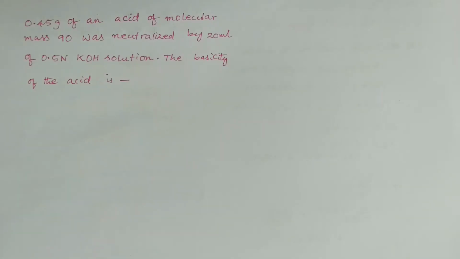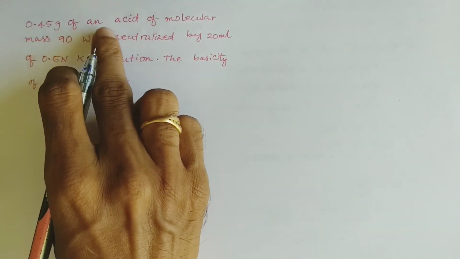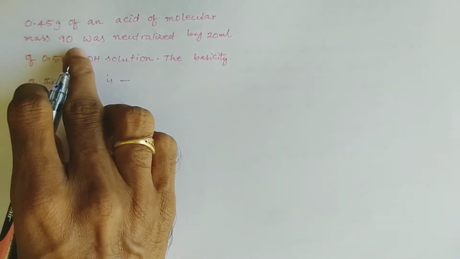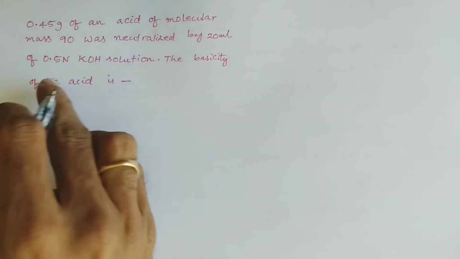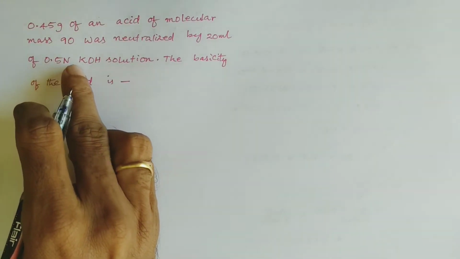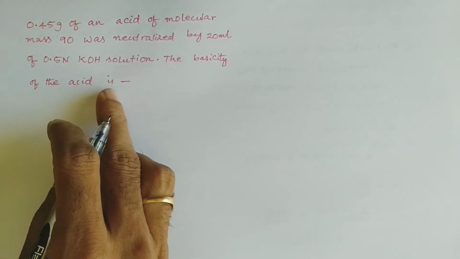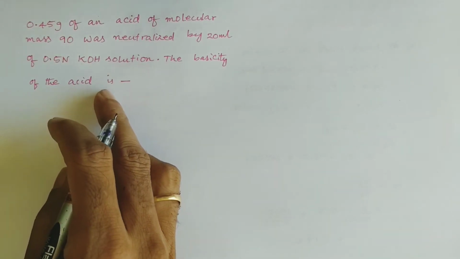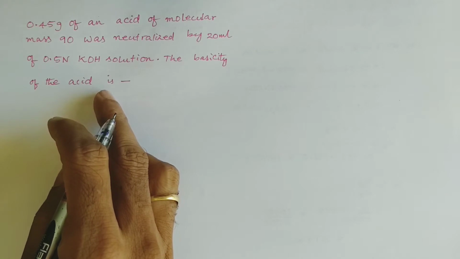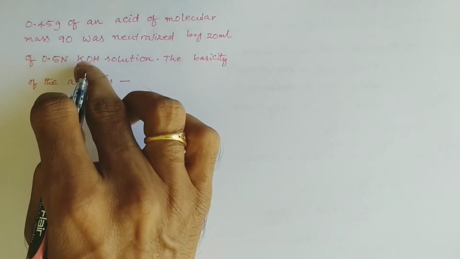Next problem. 0.45 gram of an acid of molecular mass 90 was neutralized by 20 milliliters of 0.5 normal potassium hydroxide solution. The basicity of the acid is? So, in this problem, acid is neutralizing base.